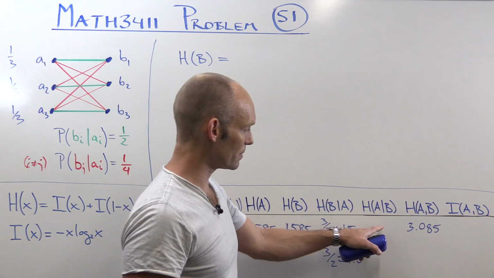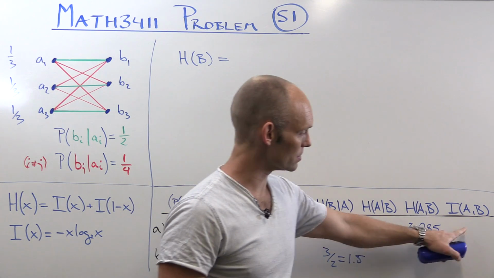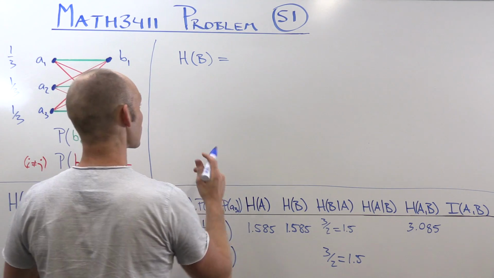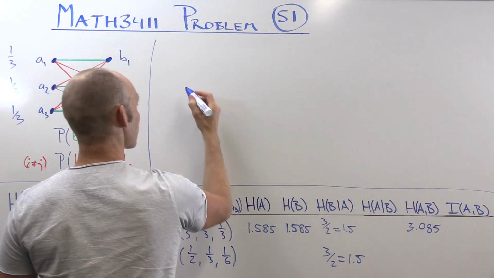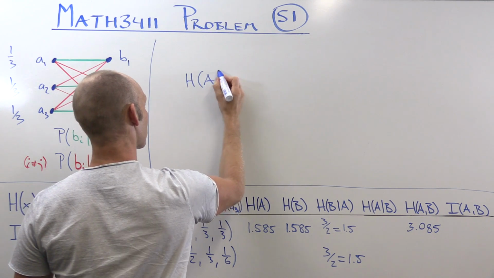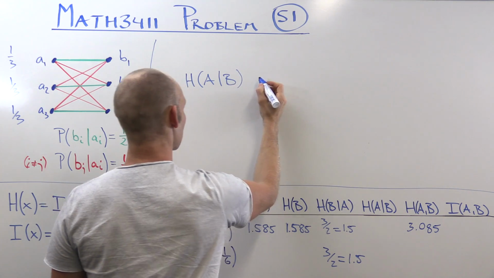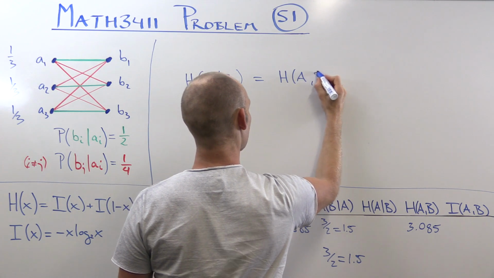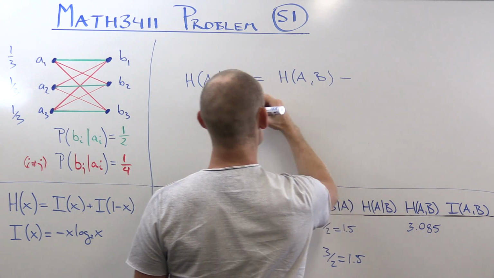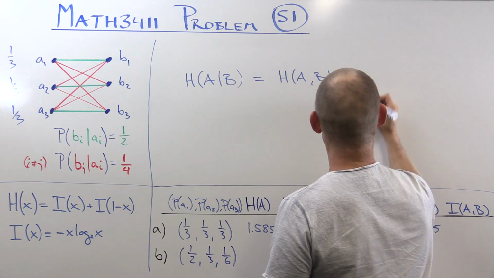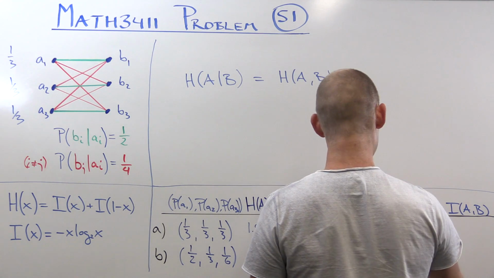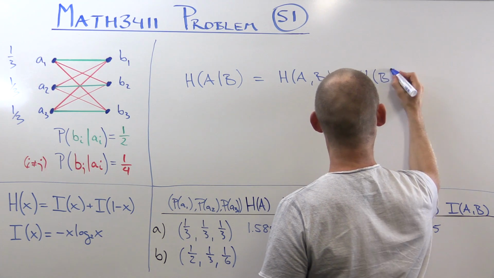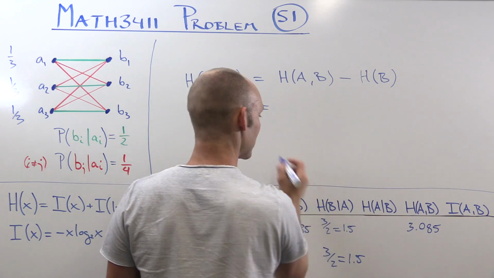Now we need to calculate this conditional entropy and this mutual information, and we can do that quite easily now. So we've got the entropy of A given B, and that's just equal to the joint entropy of A and B minus the entropy of B, and we've calculated the entropy of B now.